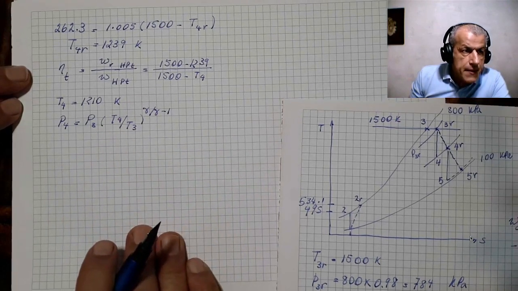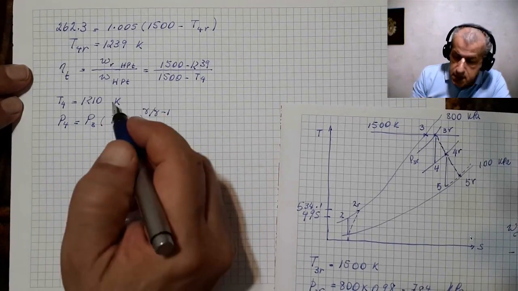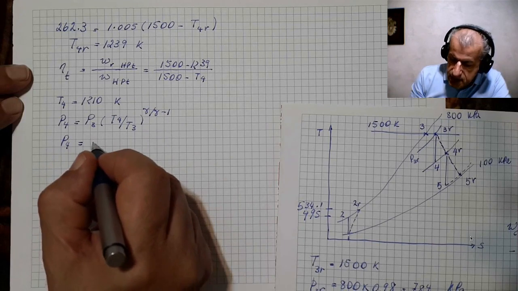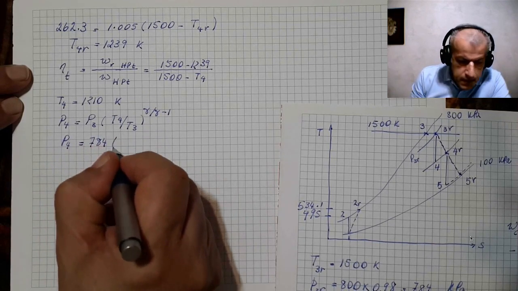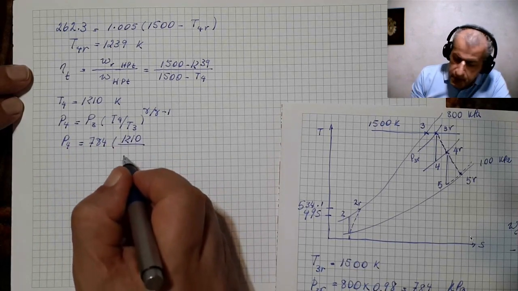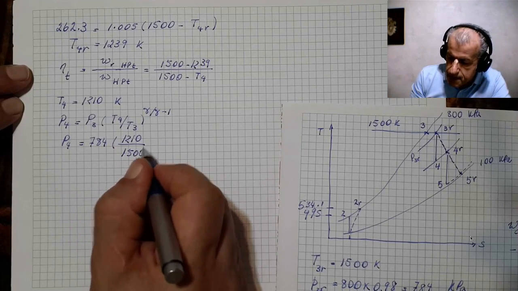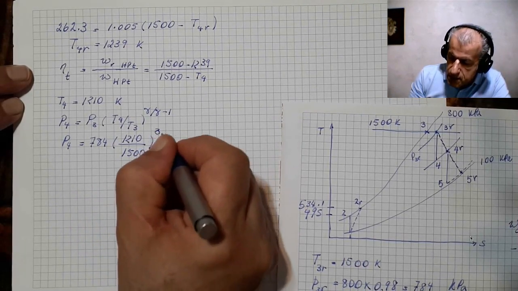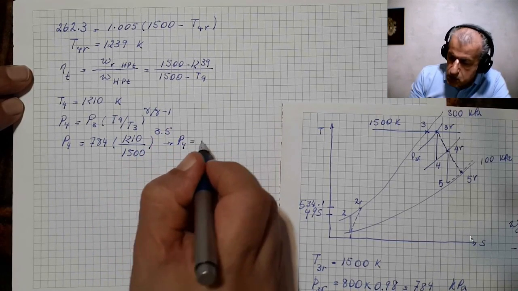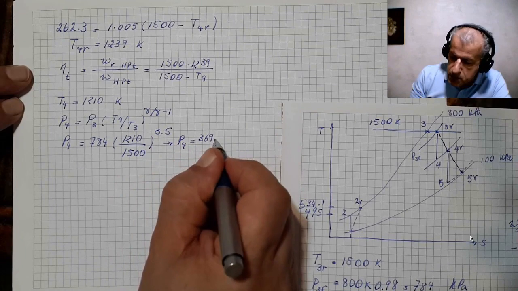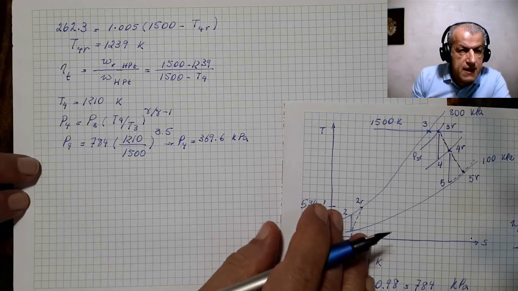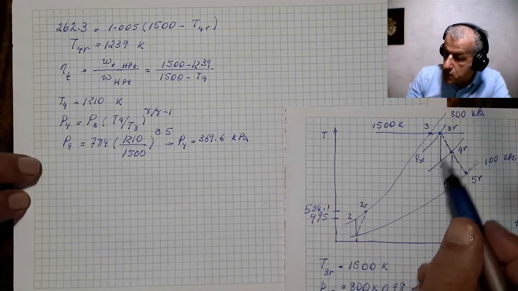Putting numbers to this, P4 equals 784 times 1210 divided by 1500 to the power 3.5, and the outcome is that P4 equals 369.6 kilopascals. So this is the pressure P4.